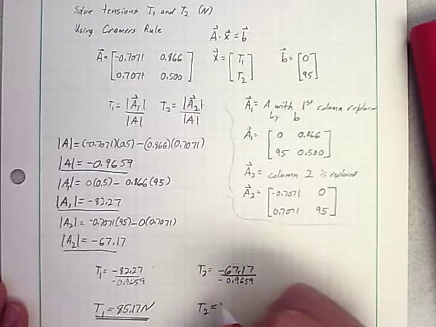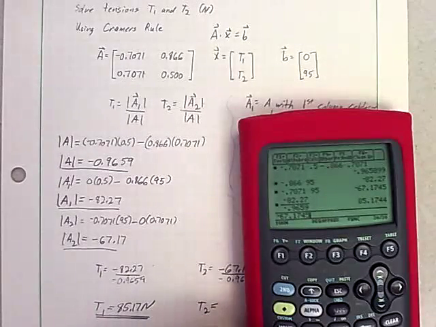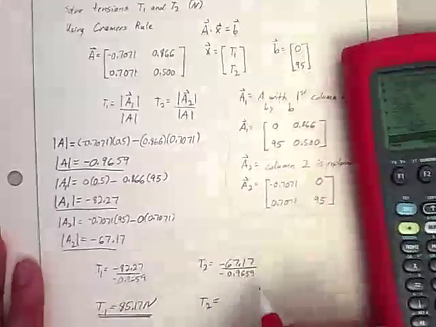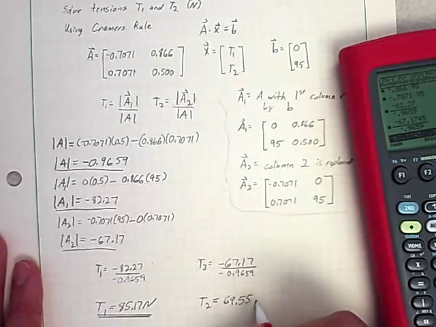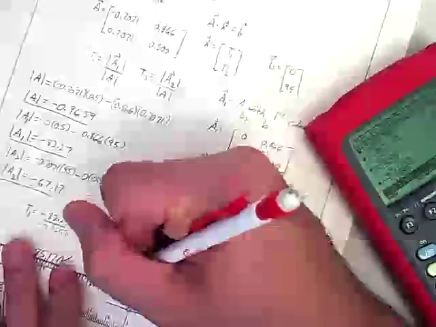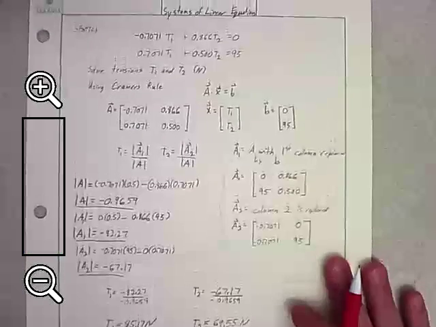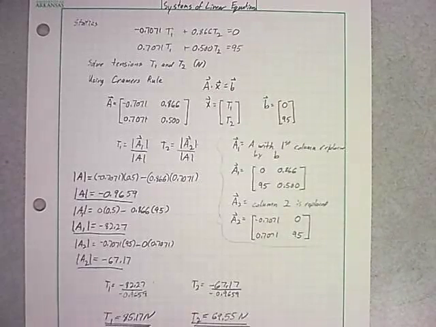And so for T2, we get 69.55 newtons. So that's how we would solve that problem, almost fits on the one screen, using Cramer's rule. And again, as always, you can plug them back in and make sure those answers are right.